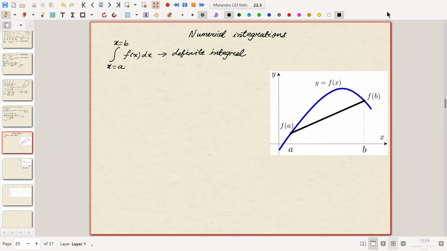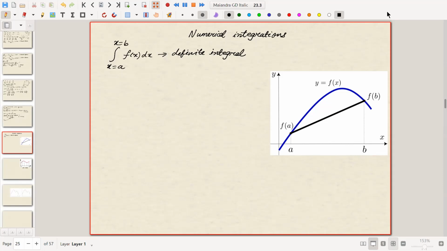You need to have a definite integral. Usually analytical integrations are done over functions, but numerical integrations you will do over a set of points.